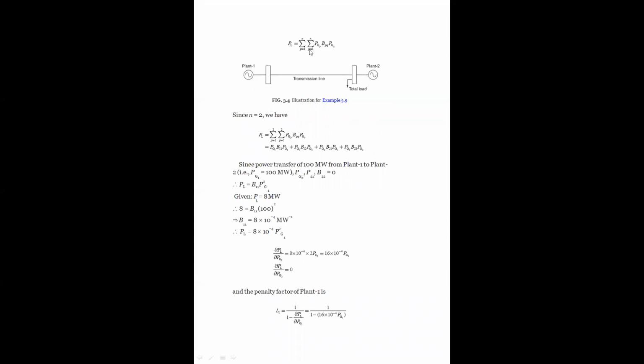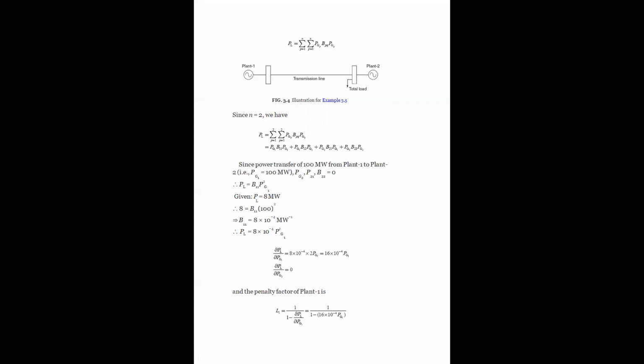The formula for power loss: PL is equal to sigma p equal to 1 to n, sigma q equal to 1 to n, PGp Bpq PGq. Since n is equal to 2, we have PL equal to sigma p equal to 1 to 2, sigma q equal to 1 to 2, PGp Bpq PGq. There are only two plants.